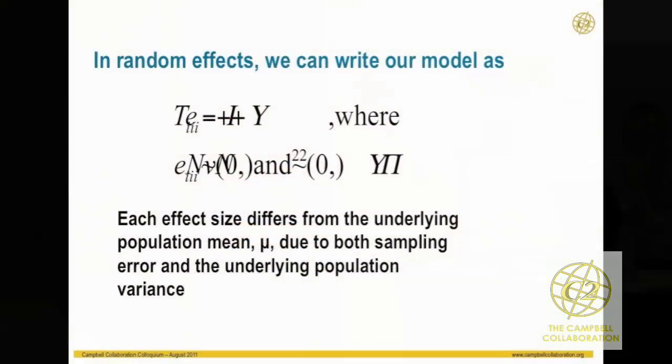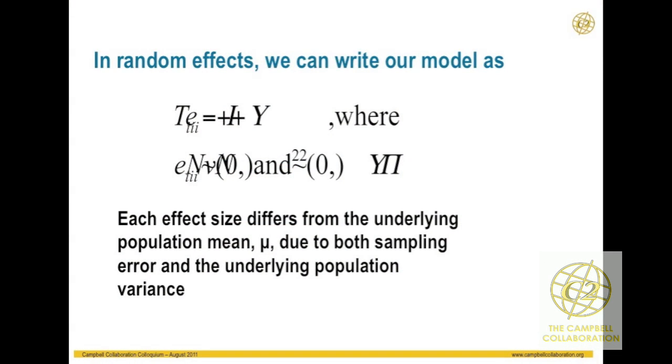We can then write our random effects model in this way. Each of our effect sizes has our component, mu, the mean of that underlying distribution. We have e sub i, which is our sampling variation.